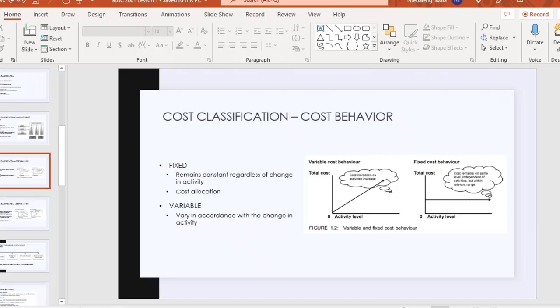Any product or service that has a bit of fixed and a bit of variable. Electricity again.